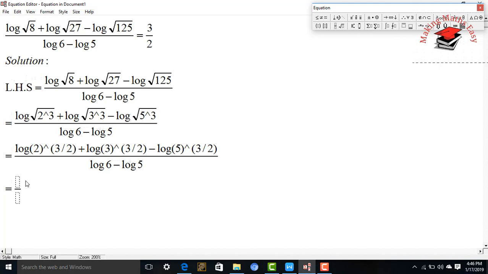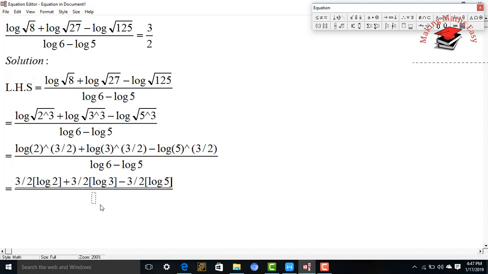Similarly, log of 2 raised to 3 by 2 gives me 3 divided by 2, in brackets, log of 2, close the bracket, plus 3 divided by 2, in brackets, log of 3, close the bracket, minus 3 divided by 2, in brackets, log of 5, close the bracket.